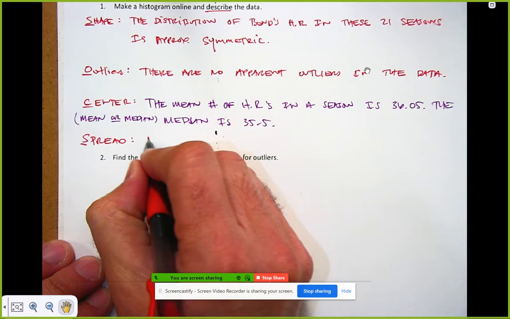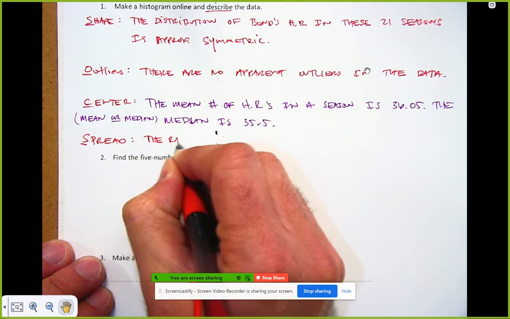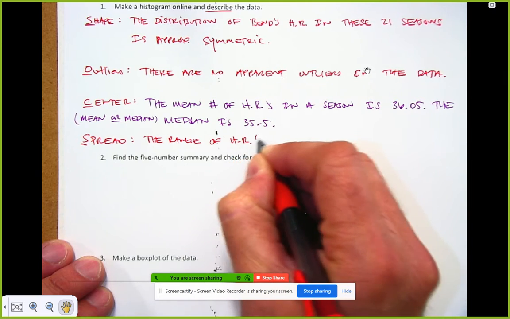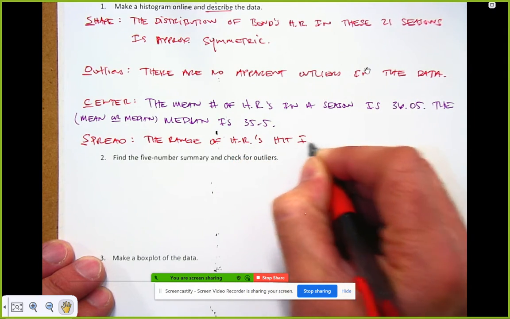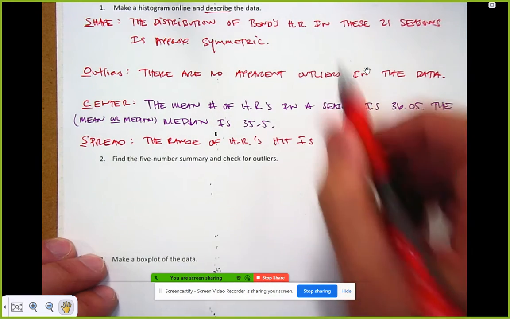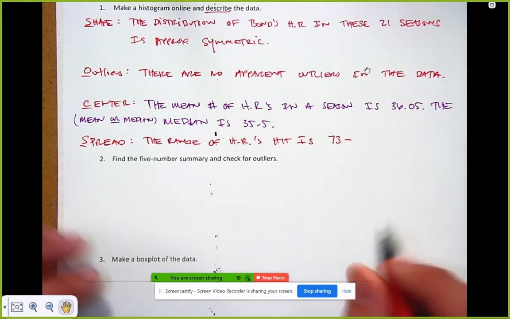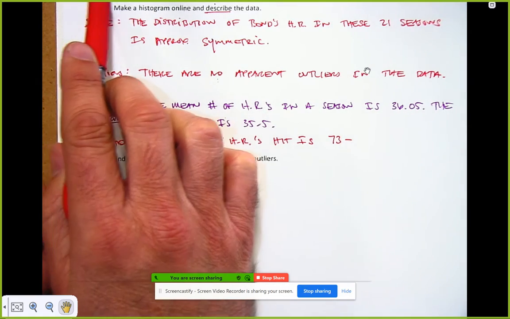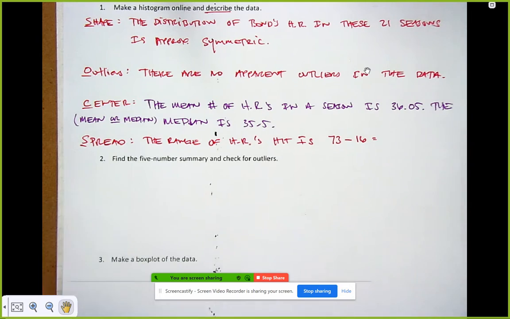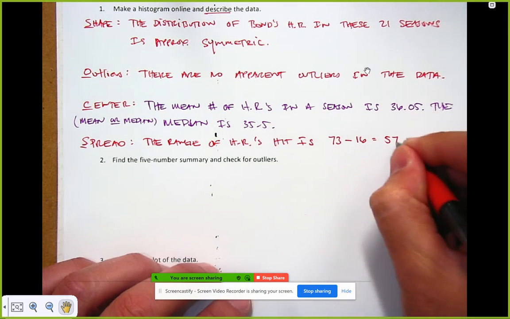And so you would say the range of home runs hit is, and you just calculate it. It's the max minus the min. So you would say, well, it's the max value of 73 minus the min value. Looks like 16 is the smallest, which is equal to 53 plus 4 would be 57.